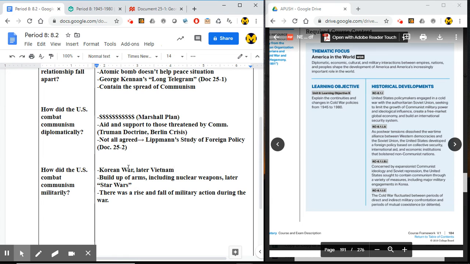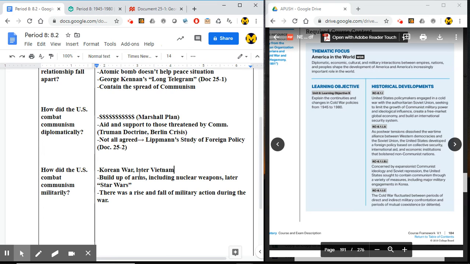The stalemate happened at the divide between North and South Korea, where it still exists today, that is, the 38th parallel. That's where those two are divided. So the U.S. stopped communist North Korea from overtaking the whole peninsula, but it did not establish the peninsula as a communist-free place. And so that's early.